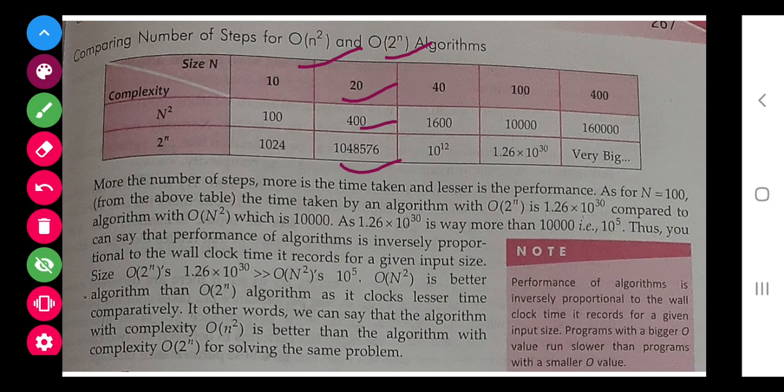So class, we can clearly make out that this takes a smaller number of steps than the other one. N square is working for only 100 steps, and 2 to the power n is working for 1048576 steps. So we can easily make out.